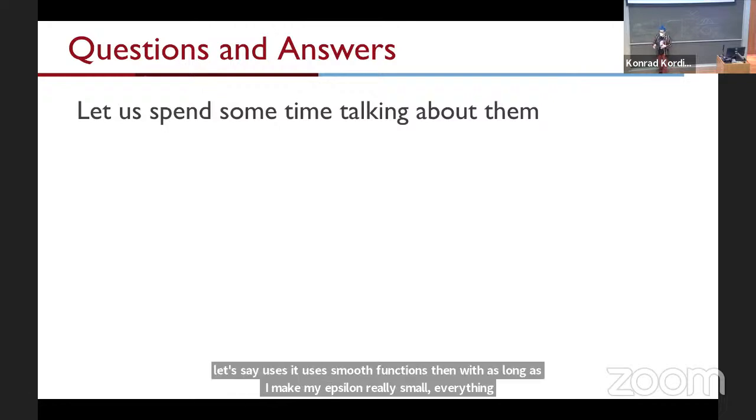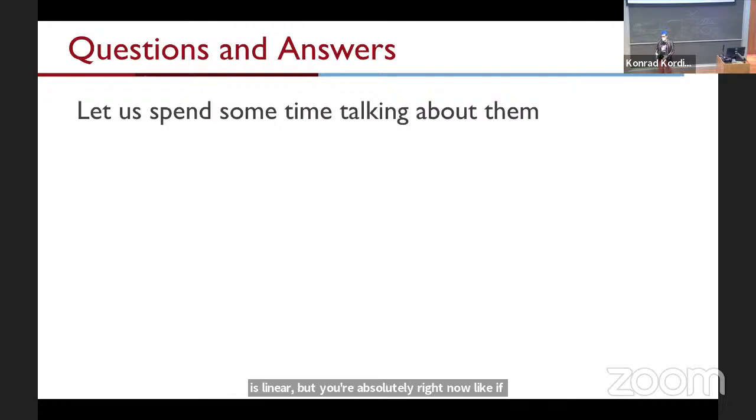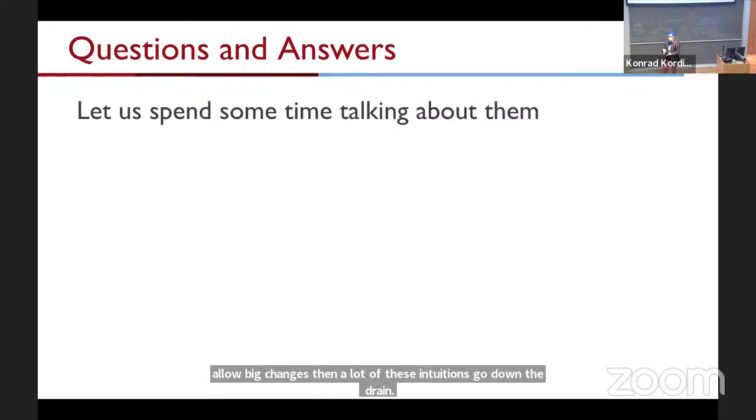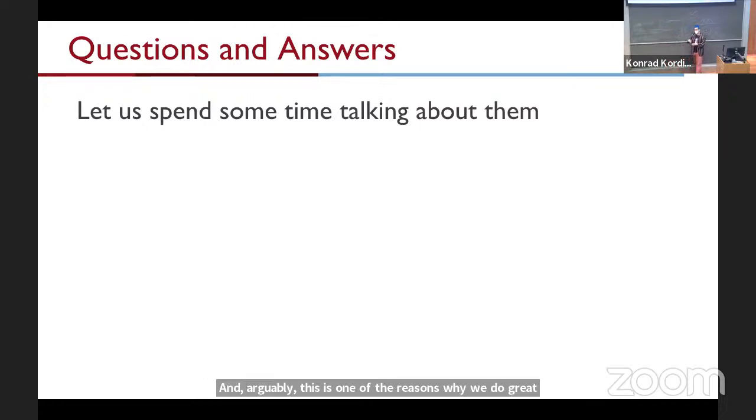But you're absolutely right. If I allow big changes, then a lot of these intuitions go down the drain. And arguably, this is one of the reasons why we do gradient descent learning with very small steps. We did extensive testing of whether small steps or big steps are better.